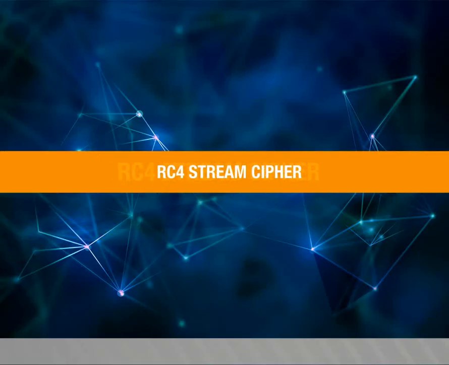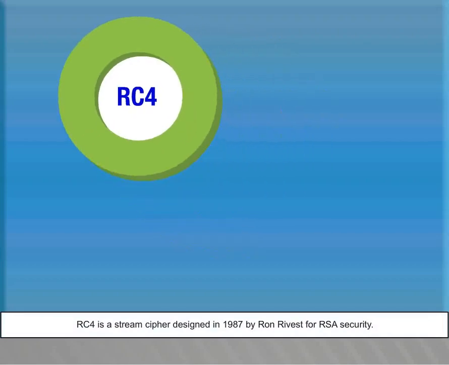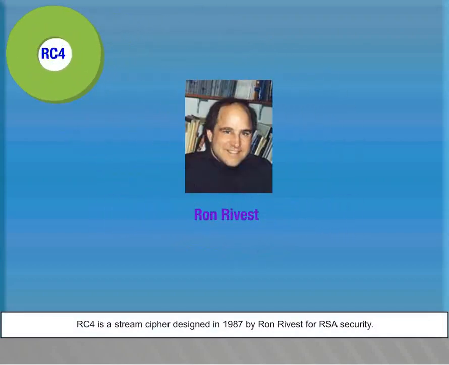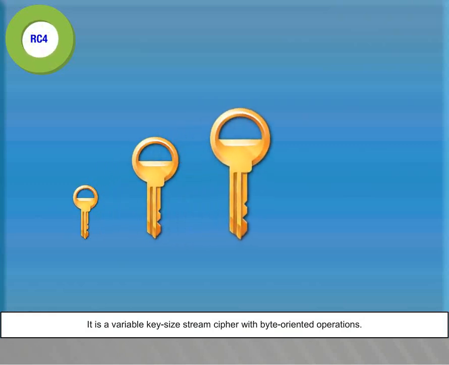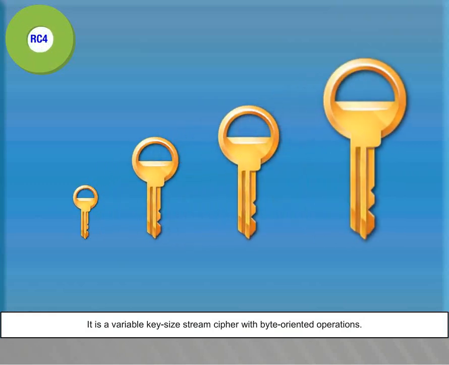RC4 Stream Cipher. In this video, we are going to see about RC4 Stream Cipher. RC4 is a stream cipher designed in 1987 by Ron Rivest for RSA Security. It is a variable key size stream cipher with byte-oriented operations.